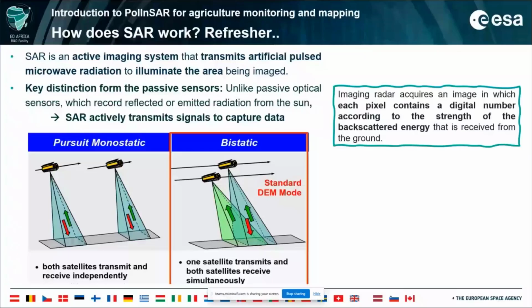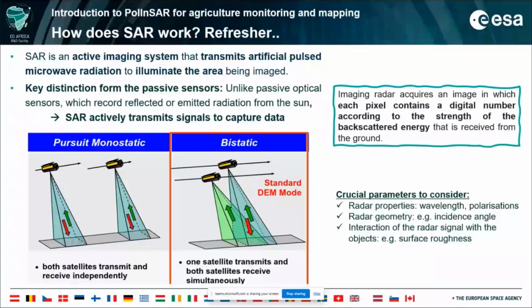There are three main factors that influence the strength of the backscatter received, and therefore these parameters are crucial to consider for any study based on radar images. That is why I wanted to recap on this before we start the actual content.